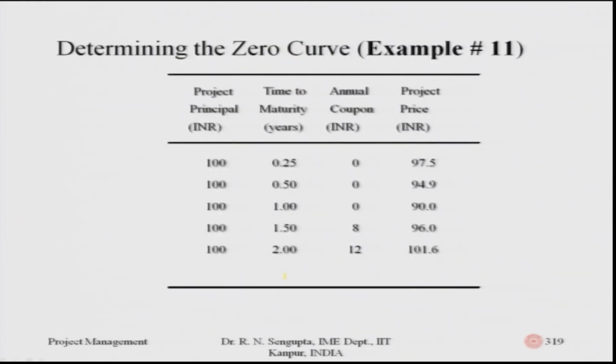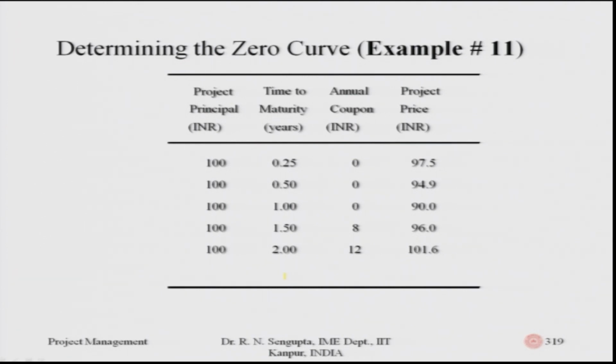So, consider the zero curve. You have the project principal amount in rupees, given in the first column. Time to maturity is given as 1/4 of a year, half a year, 1 year, 1.5 years, which is 1 year 6 months, and the last is 2 years. The annual coupons mean the amount of money being paid, and for the first 3 instances it is 0, and for the second last and the last one, the amounts being paid are 8 and 2.